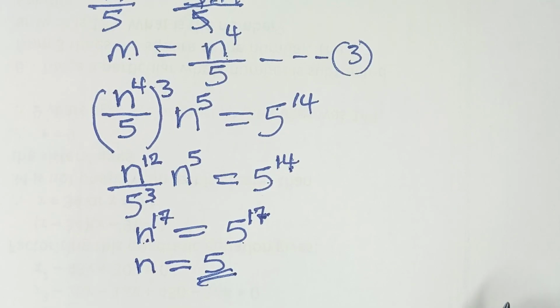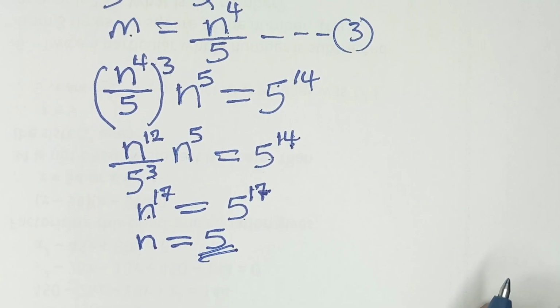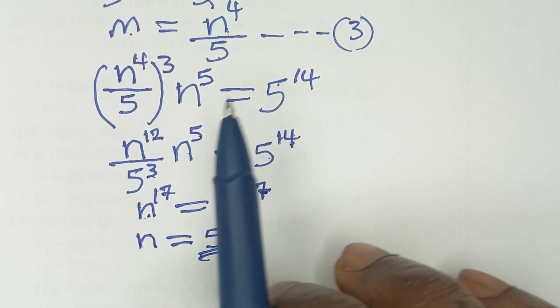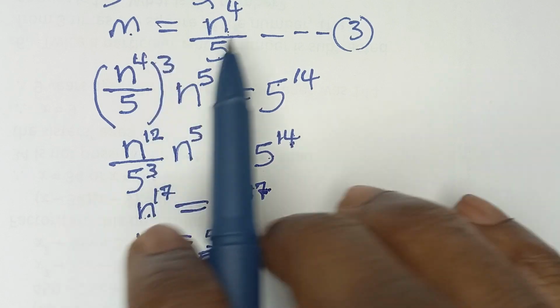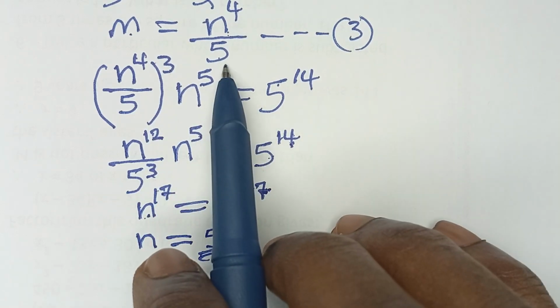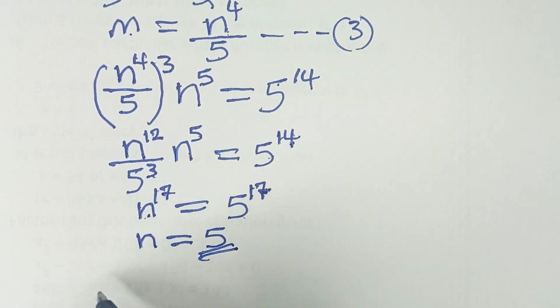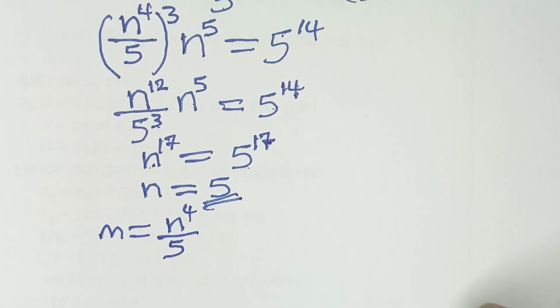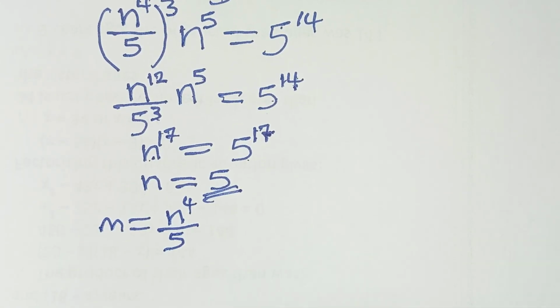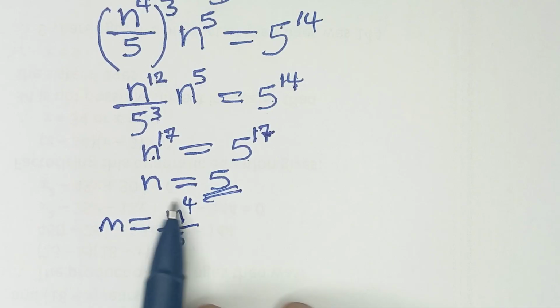Now let me go to equation 3. Hope you can see equation 3 from there. From equation 3, m is equal to n raised to power 4 divided by 5. Now, don't forget that our n is already 5.